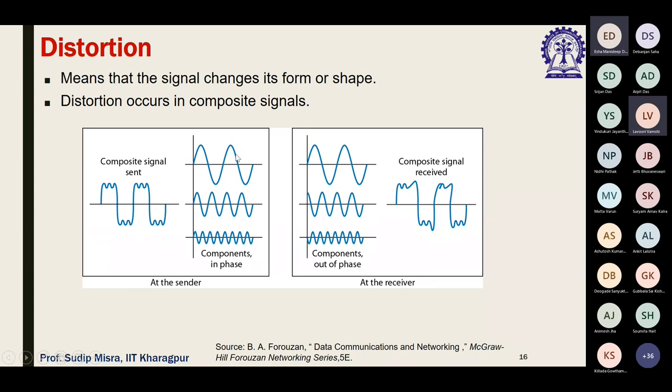These components are in phase, whereas these components are out of phase. And this is quite visible, right? Like from your physics knowledge. So you see this composite signal in essence gets distorted at the receiver end in this fashion. So this is called distortion.